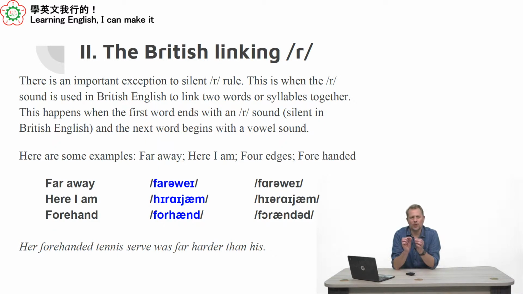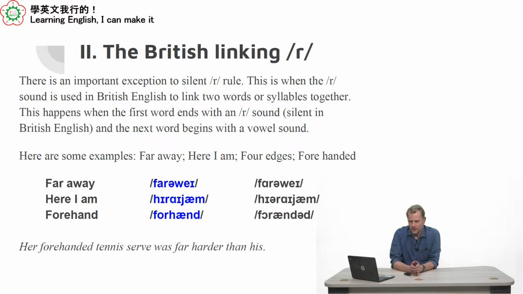But because away begins with a vowel, that R gets inserted between those two and links the two words. So in British English, like the American pronunciation far away, the R returns. It's a slightly different sound in British, but it's very similar to the American. So far away in American accent and far away in the British pronunciation.